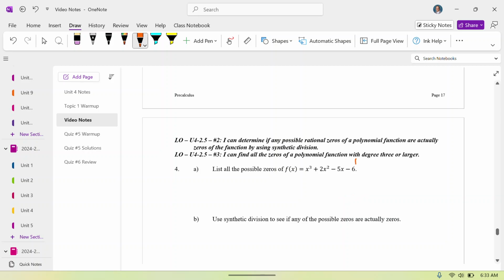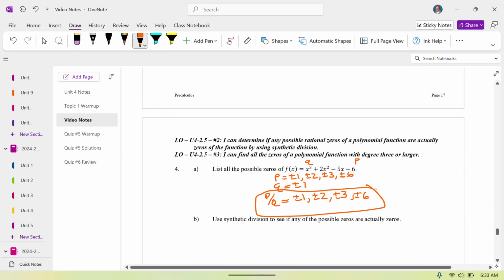So here, p is 6, the q is 1, so plus or minus 1, plus or minus 2, plus or minus 3, plus or minus 6, and then q is plus or minus 1. So we go p over q. So these are all the possible zeros.